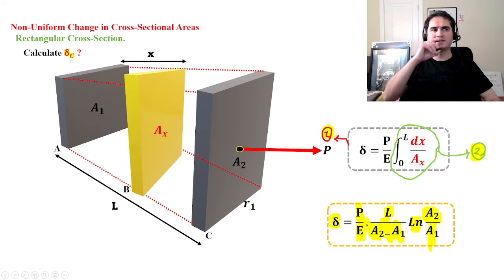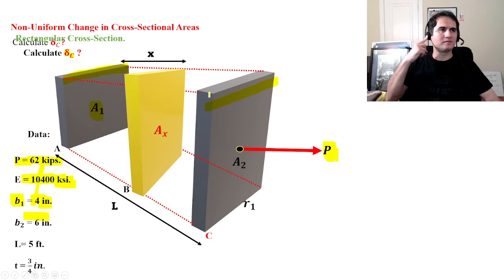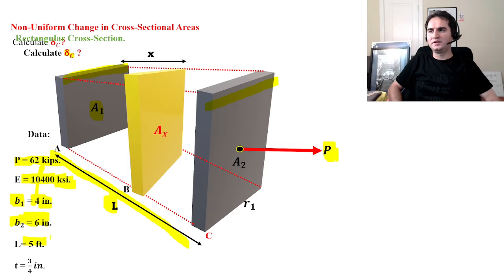Now we replace our problem with our numeric values: a force of 62 kilopounds, modulus of elasticity of 10,400 ksi, b1 which is the width of cross-sectional area 1, and b2 the width of cross-sectional area 2. Length is provided to be 5 feet, and we need to convert it to inches because all the calculations are in inches.